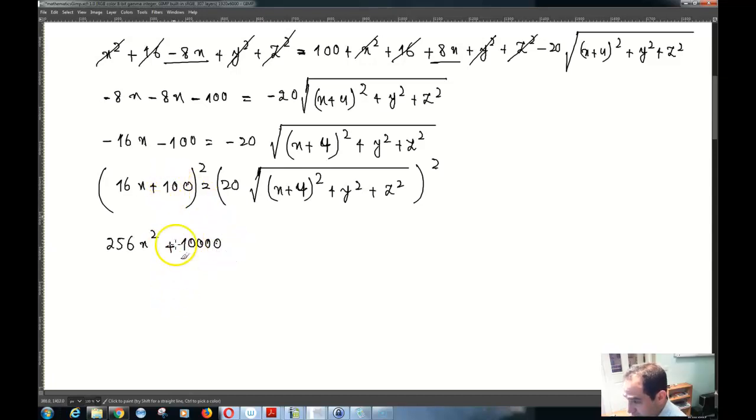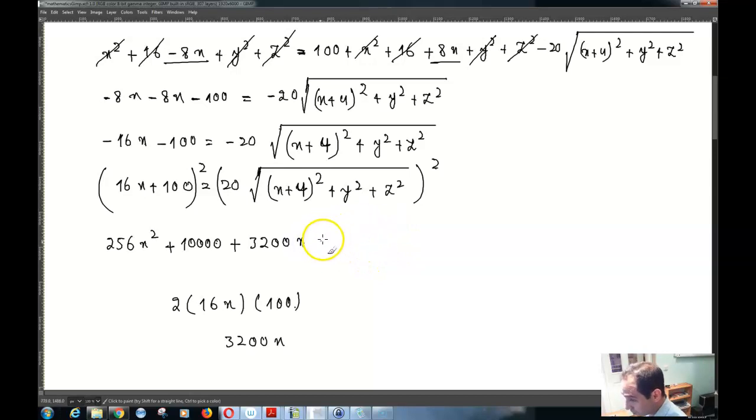And then you have 2 times 16x times 100, which is 32 times 100, equal to 3200 times x. So that's plus 3200x.